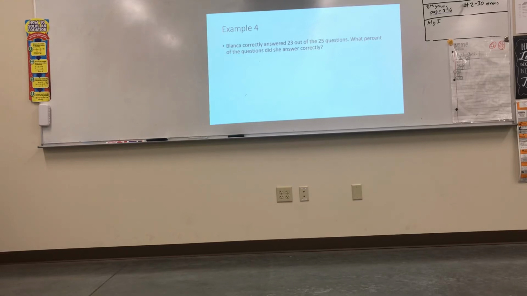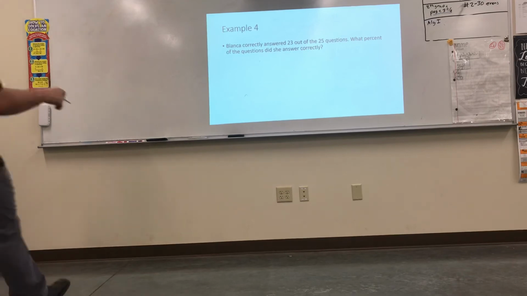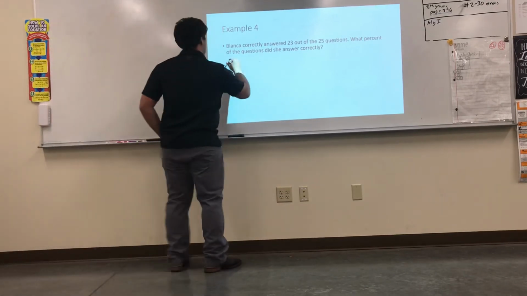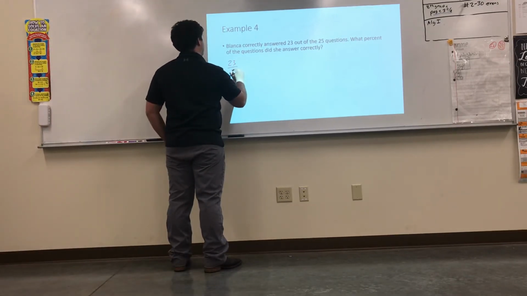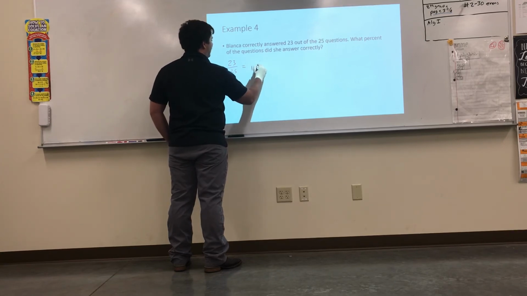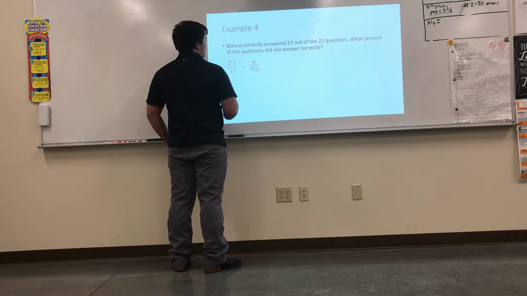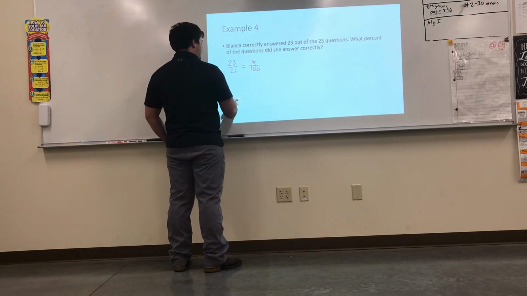Alright. Blanca correctly answered 23 of the 25 questions. What percent of the questions did she answer? You can set this up like we did before: 23 out of 25 equals x out of 100%. You can do this one a couple of ways.